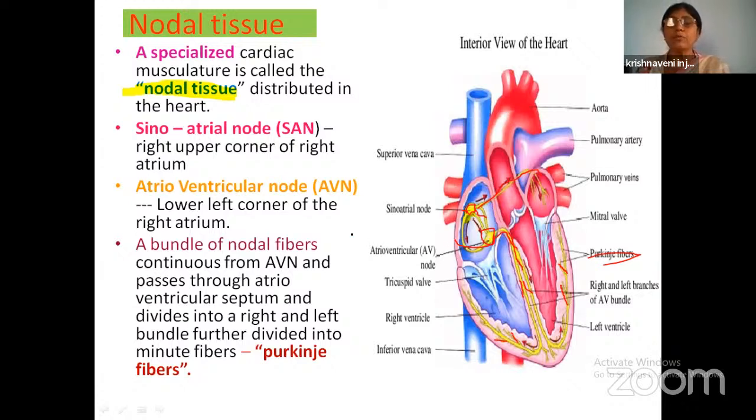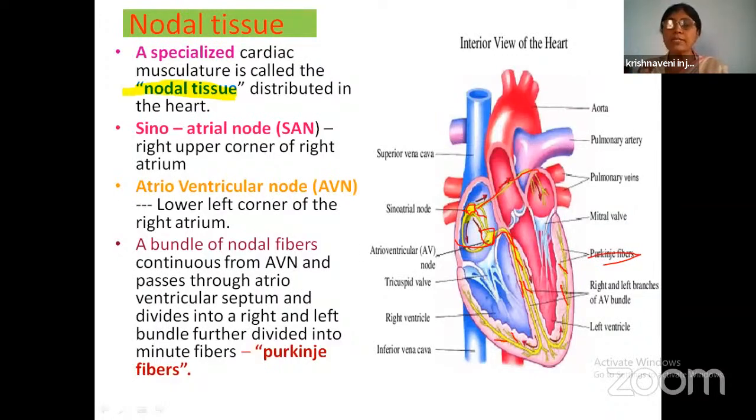One thing you can observe: these fibers which arise from the sinoatrial node and AVN extend into the lower part of the heart through the ventricular septum, and they divide into right and left branches, and again divide into minute fibers.